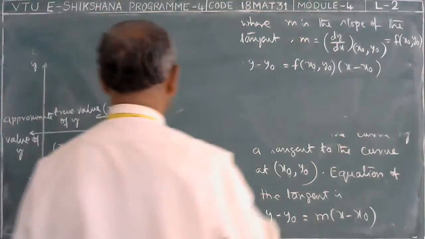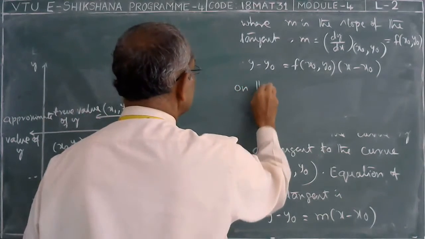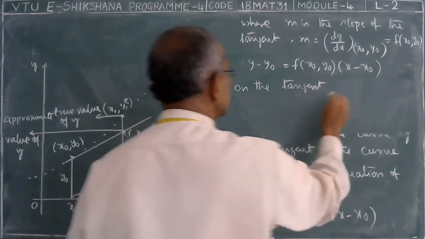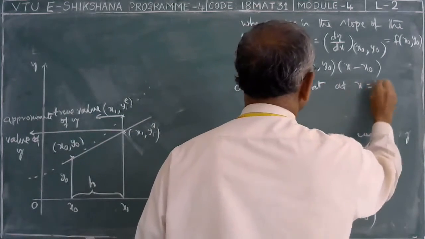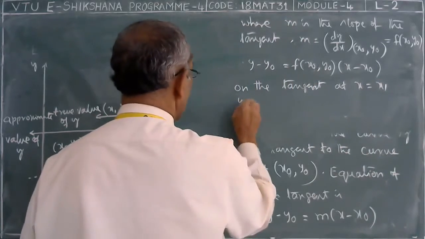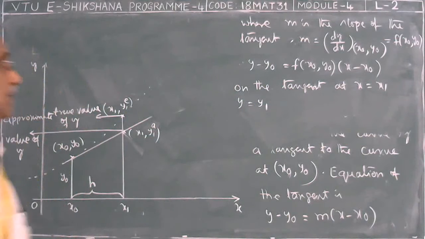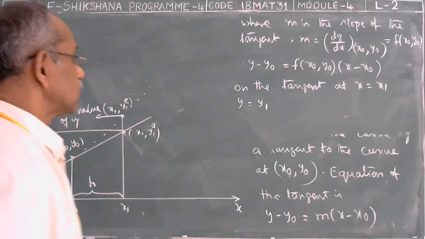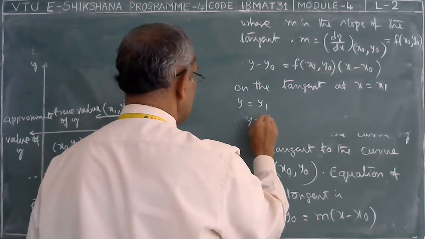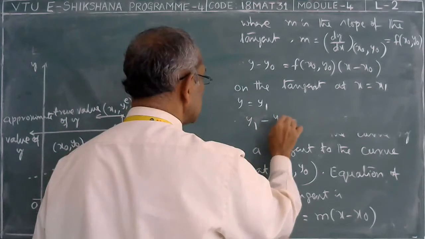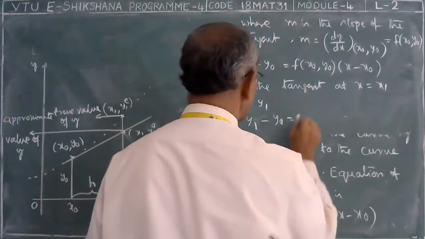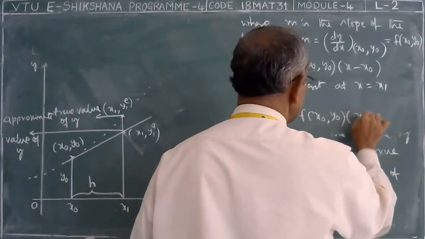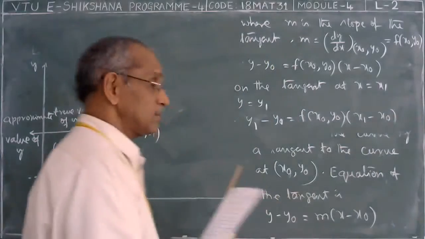Now on the tangent at x is equal to x1, y is equal to y1. This is y1 only, that means the approximate value of y1. So therefore, y1 minus y0 is equal to f of x naught comma y0 into x1 minus x0.